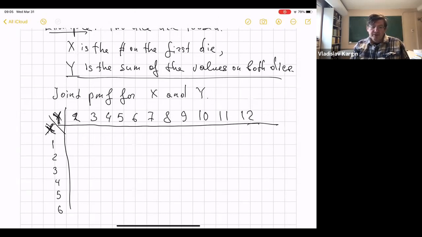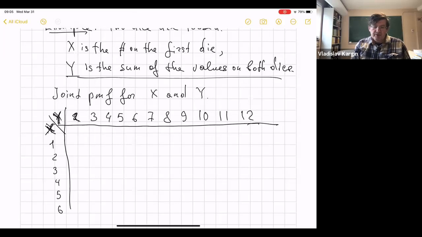And after that we ask, what's the probability that x takes value 1 and y takes value 2? This happens if the second die has the value 1 as well.